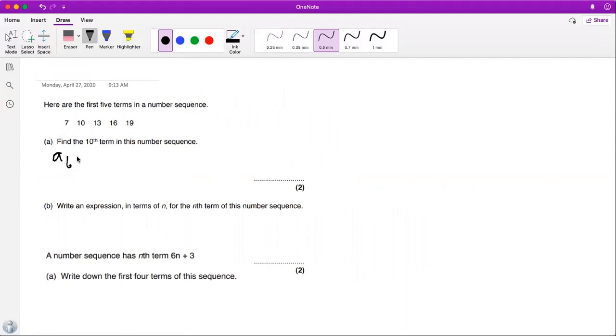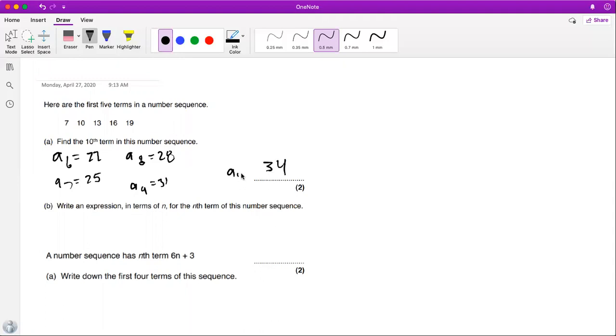A6 would be 19 plus 3 is 22. A7 would be 25. A8 would be 28. A9 would be 31. And A10 would be 31 plus 3 is 34.